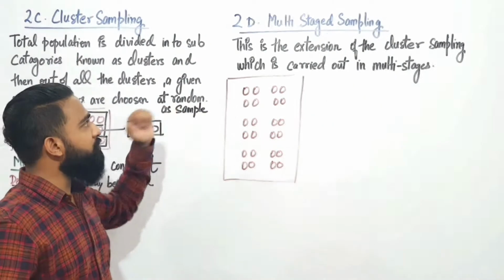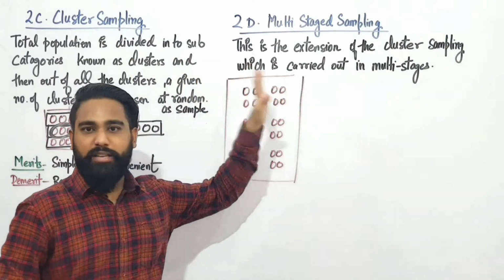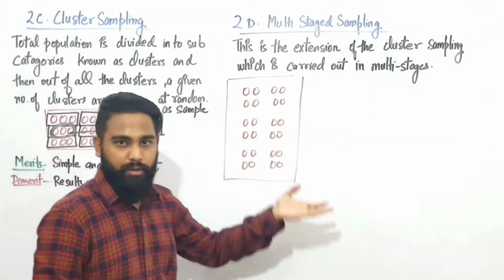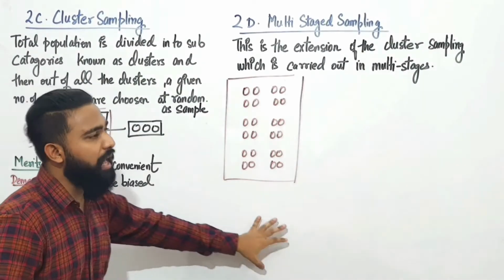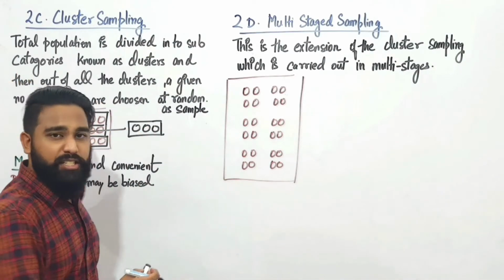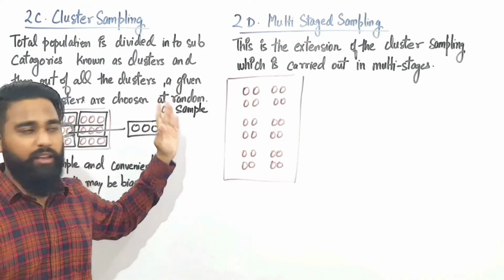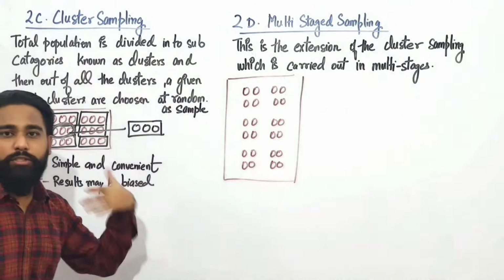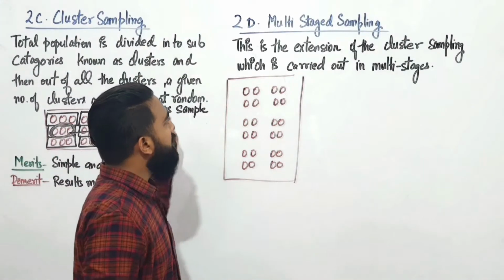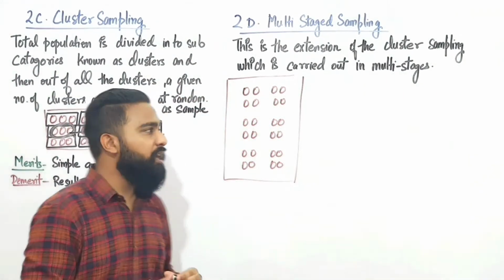Now let's come to the next one, which is multi-stage sampling. This is the last subdivision, the fourth one. Multi-stage sampling is just the extension of cluster sampling. If we divide these clusters into more categories, then it becomes multi-stage sampling.